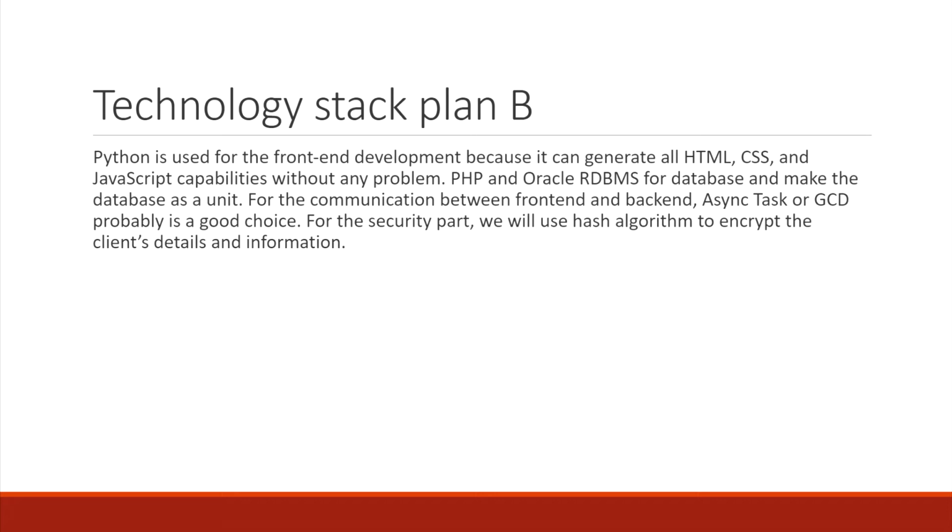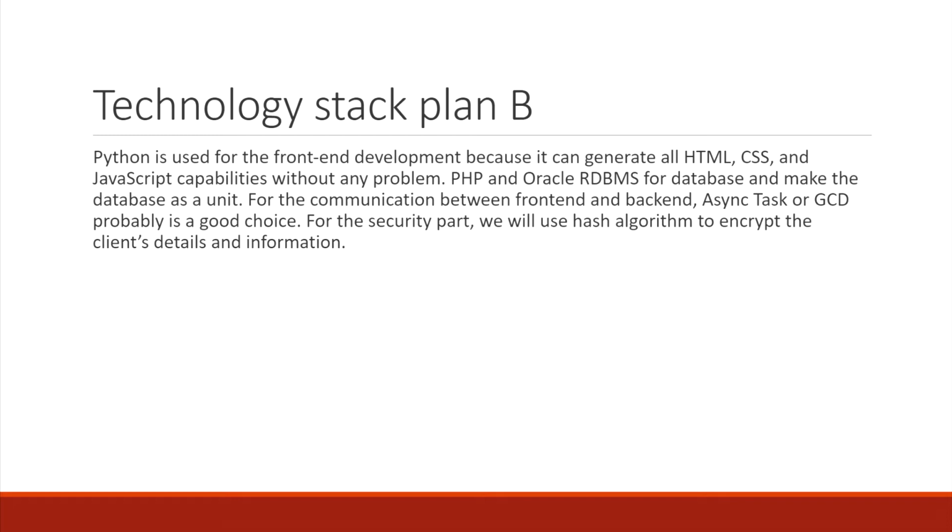For the communication between the front end and the back end, we use async task or GCD, which will be a good choice. For the security part, we will use a hash algorithm to encrypt the client data and information, which is really important because we have a login page and registration page, and we need to secure the information of our clients.